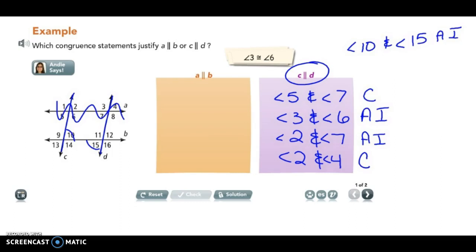And that would prove that C and D were parallel. Angle 12 and angle 10 are corresponding angles, and that would prove that C and D were parallel. So any of those would work.